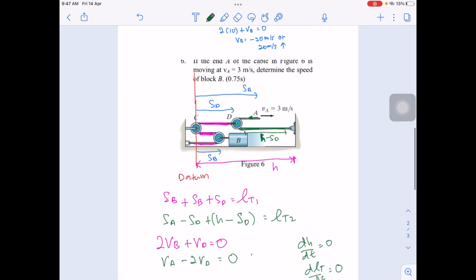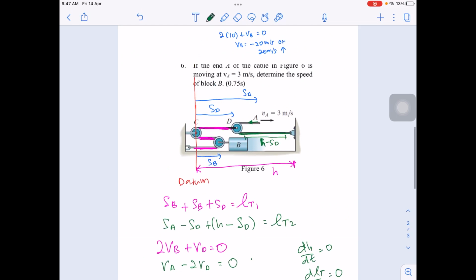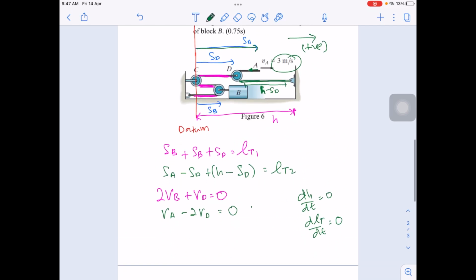Okay, so what is the information that we have? VA is equal to 3. Our direction is like this, so to the right is positive. So VA is positive. Positive 3 minus 2 VD is equal to 0. So VD is equal to 1.5.